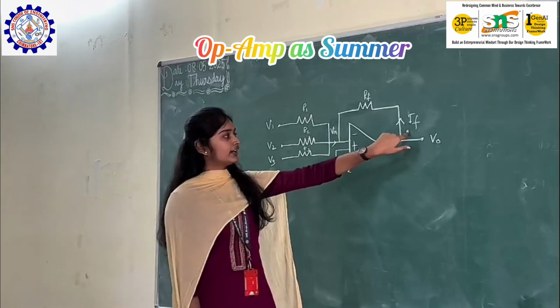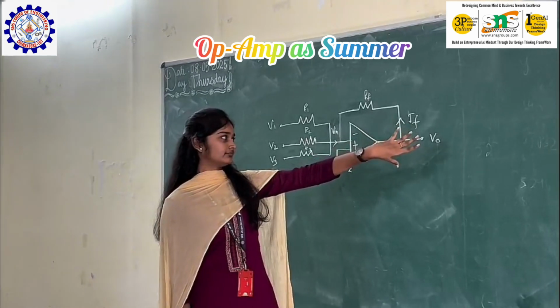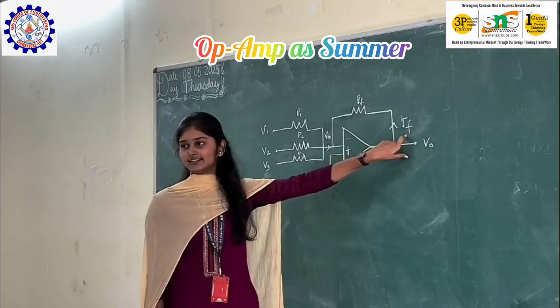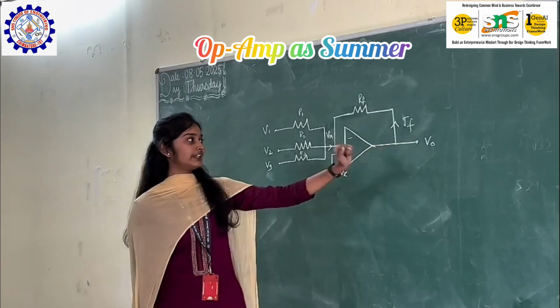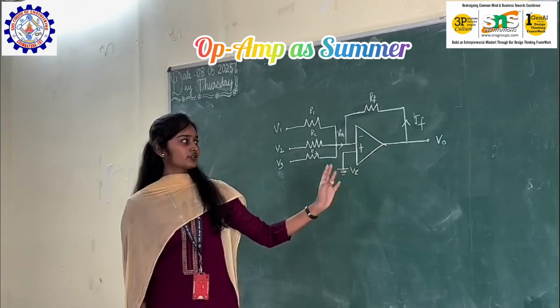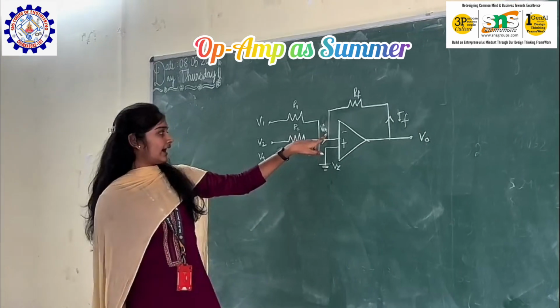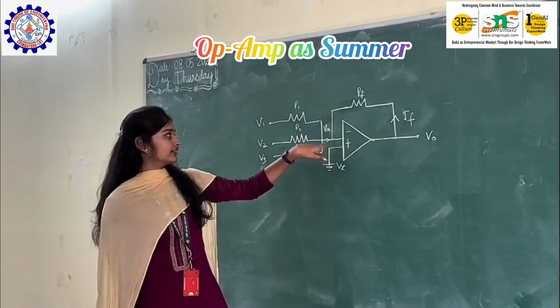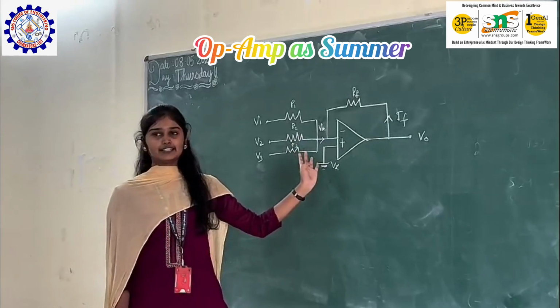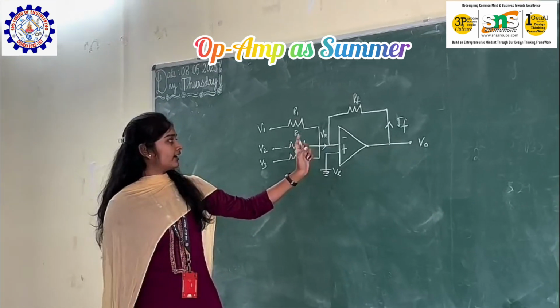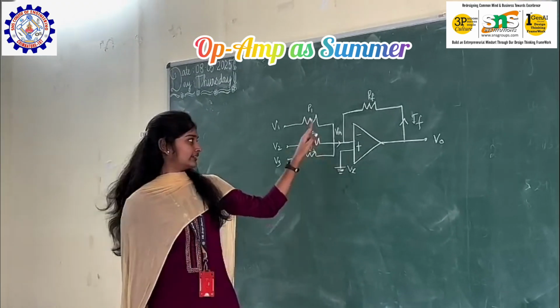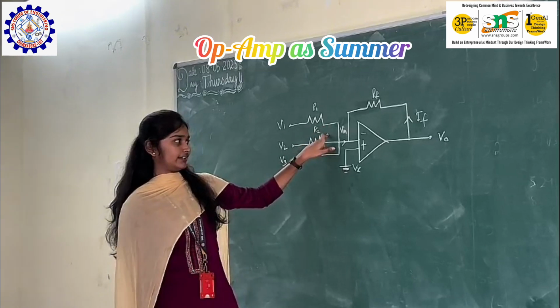Then I is a feedback current which goes from the output to the input side, so the direction will be output to input. Then Vin represents R1, R2 and R3 of the summer amplification.